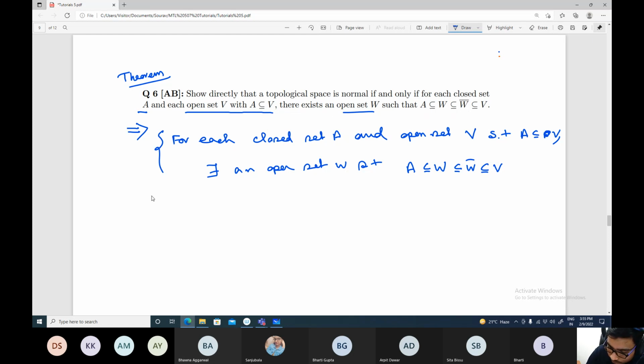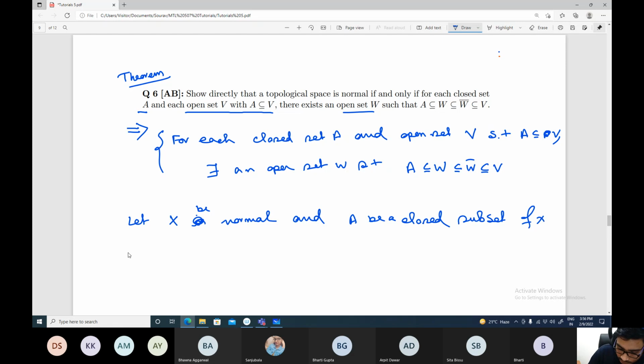So suppose X is a normal space, and let A be a closed subset of X, and take V open in X such that A is a subset of V, right?